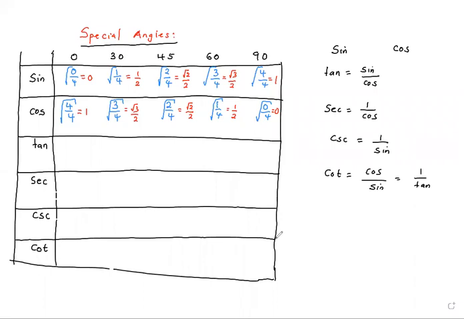Am I supposed to round it off and write 1, or just leave it as 0.7? You just leave it as root 2 over 2. Don't convert it to decimals. We like it this same way.